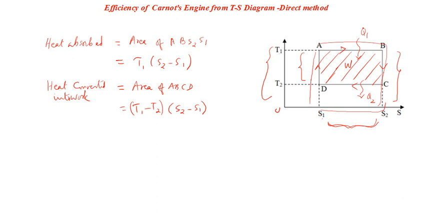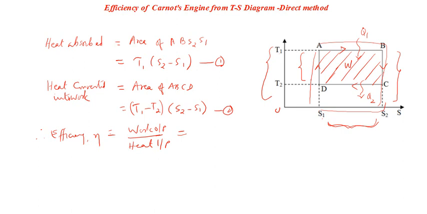Therefore, efficiency eta is equal to the work output divided by heat input. We can use 1 and 2 for those two.